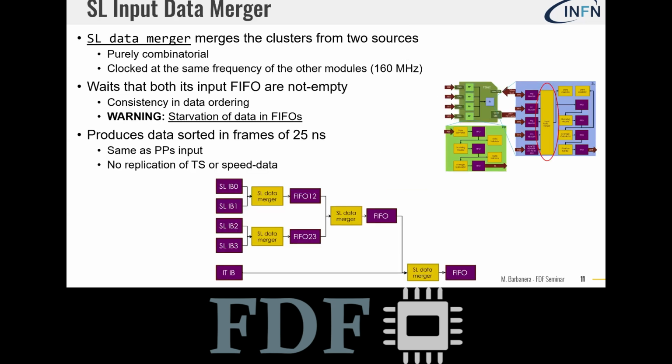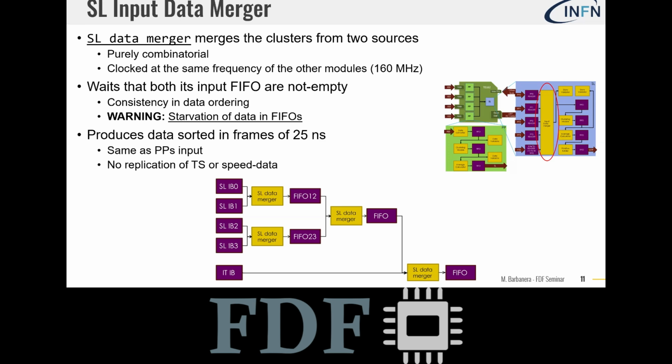The input data merger that is in the SL gateway collects the data from all the preprocessing FPGAs and from the Intertel if present, and builds a single stream. To do this, it's just divided in 3 steps. All of the steps are purely combinatorial, apart from the FIFOs, of course.